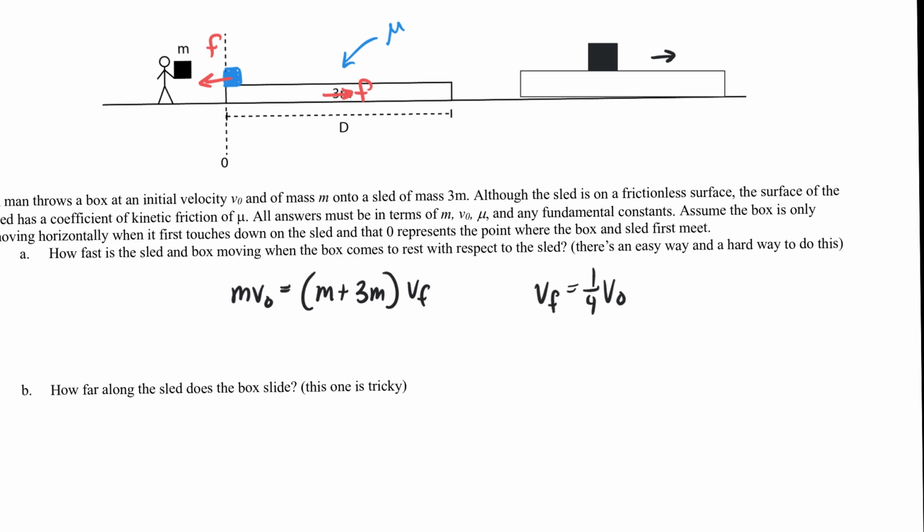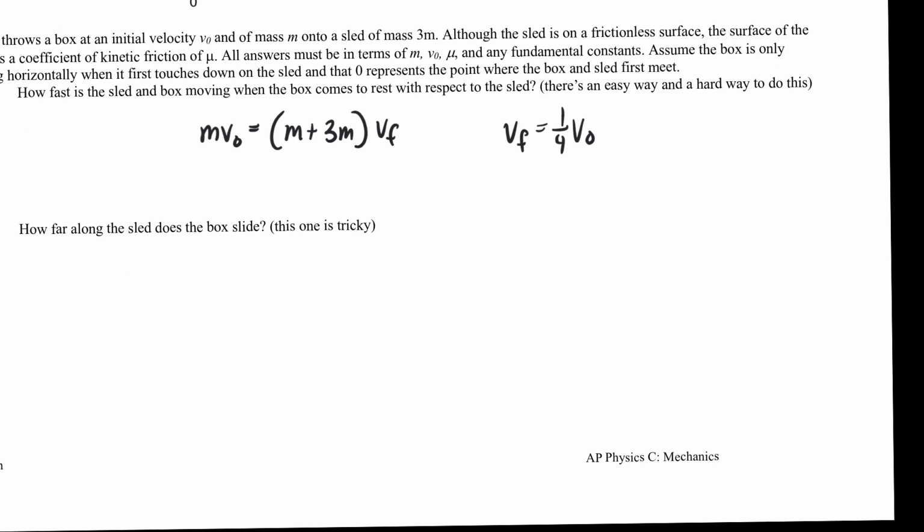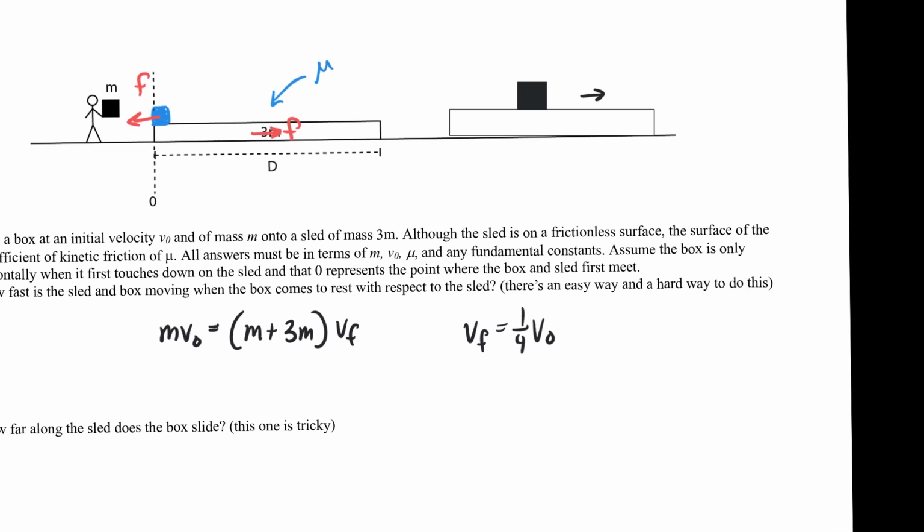Now, this doesn't tell us the answer to question B. For question B, we want to know where on the sled the object comes to rest. Now that's a good question. We want this. Now, here's the thing. Let's say, for argument's sake, that in this picture, this is where 0 is.